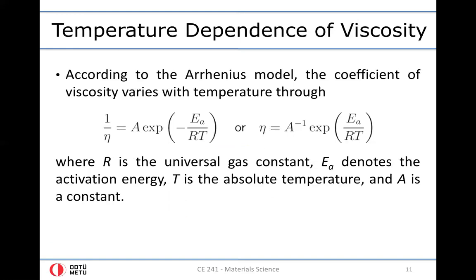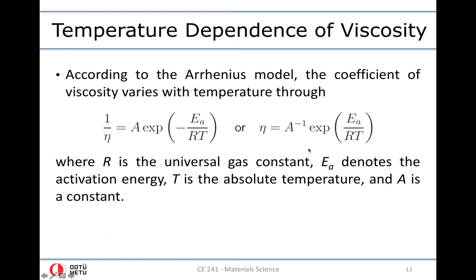Okay, so viscosity is temperature dependent, that we know, and viscosity decreases. In other words, it becomes easier for a fluid to flow when you elevate the temperature. And this dependency is generally expressed through several models, but the most widely used model is what we call the Arrhenius model. So two versions are given here.